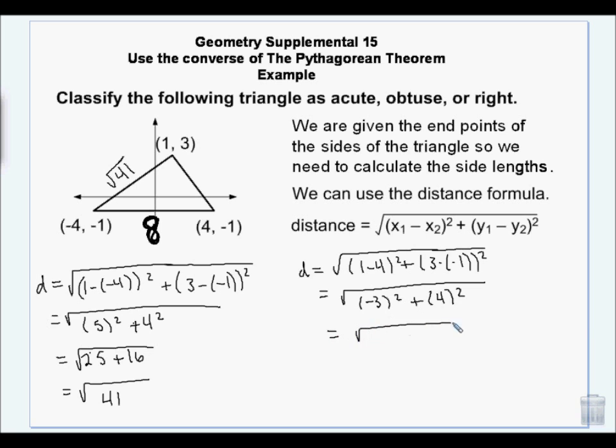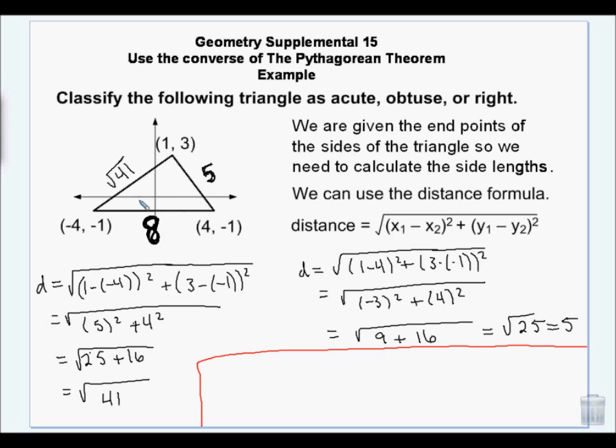So I have the square root of 9 plus 16, which is the square root of 25, which is 5. So I have these three lengths: the square root of 41, 5, and 8.